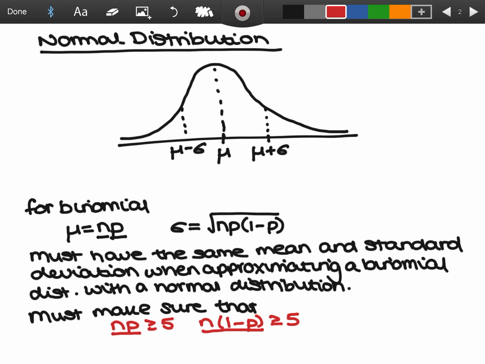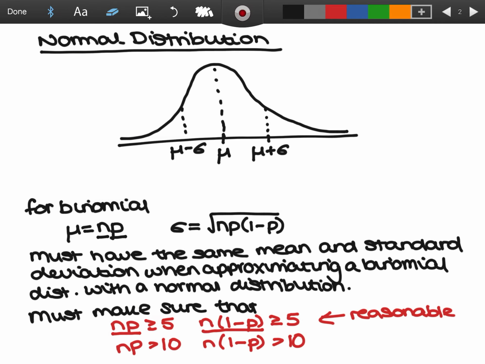What you would really like is for both of these things to be greater than 10. That would give you a good approximation. This will give you a reasonable approximation for using the normal distribution to approximate the binomial, and this one would give you a good approximation. So you really want to aim to have n times p and n times (1 minus p) to be greater than 10.